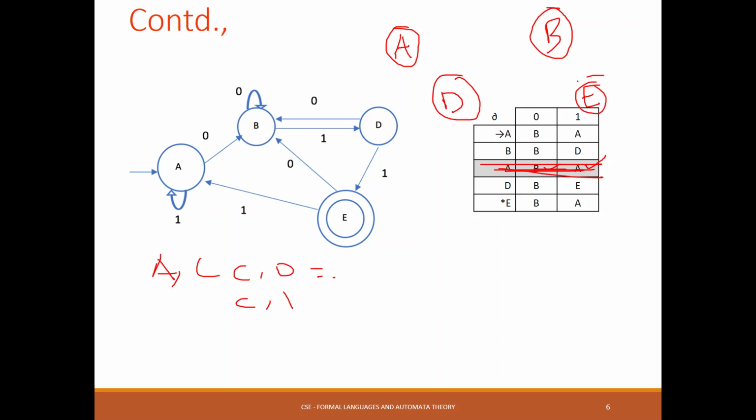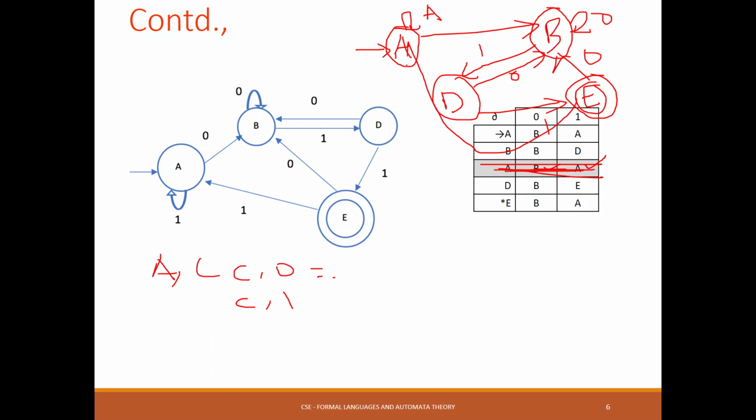Now a comma 0 goes to b, a comma 1 goes to a. Next, b comma 0 goes to b, and b comma 1 goes to d, and d comma 0 goes to b, and d comma 1 goes to e, e comma 0 goes to b, and e comma 1 goes to a, right? Hope you guys understood this.